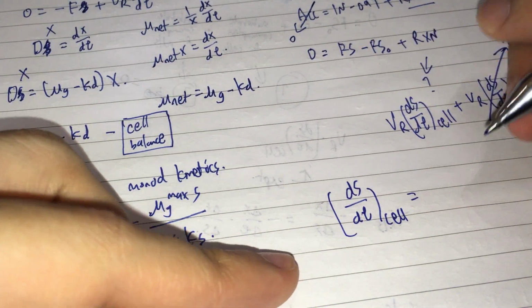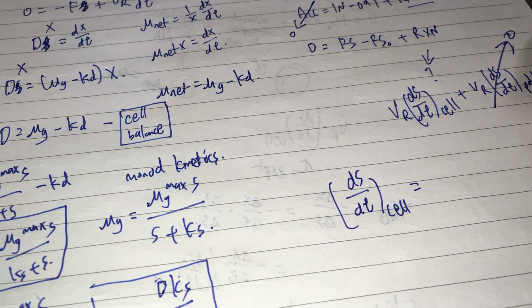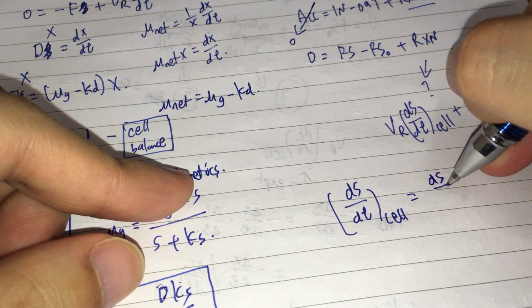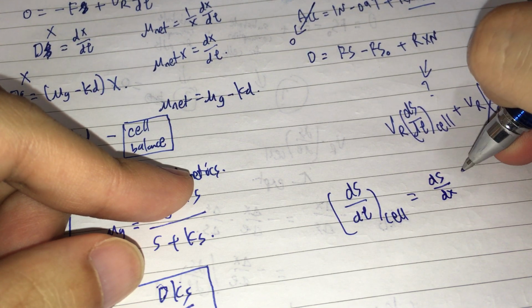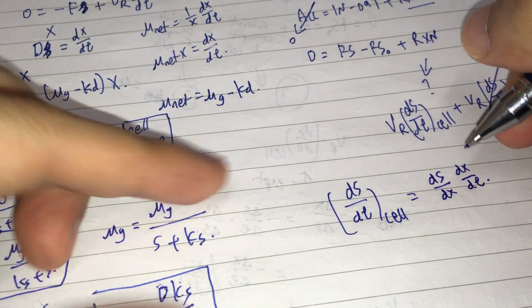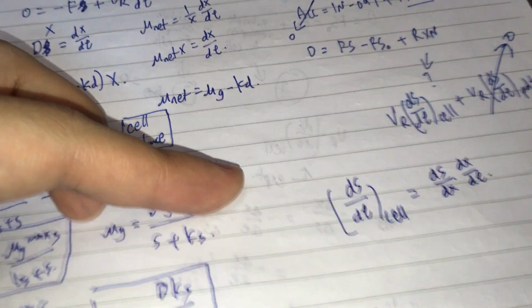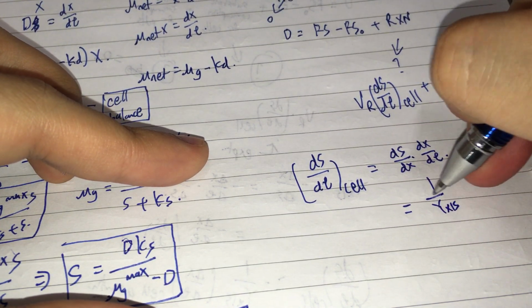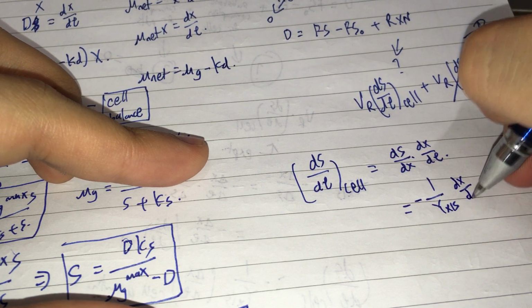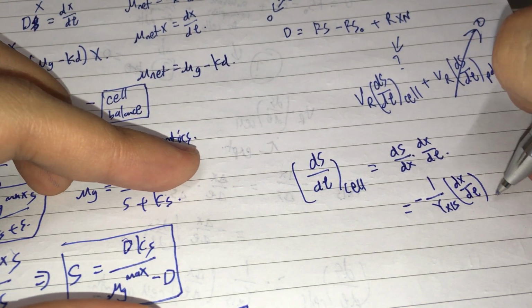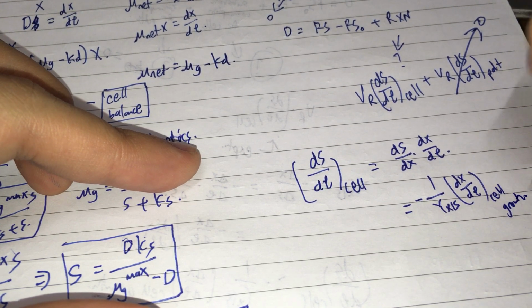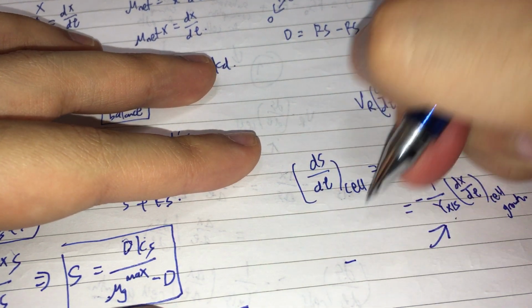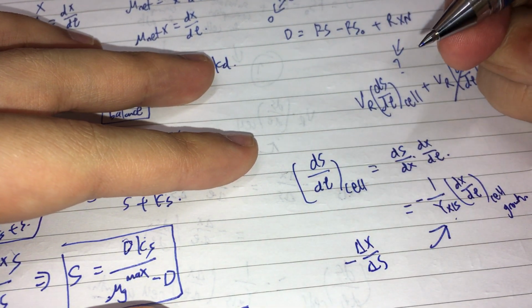So let's do some manipulation to get back our mu g as we have done before. So this is ds over dx dt. In case you forgot, this is actually delta x over delta s.